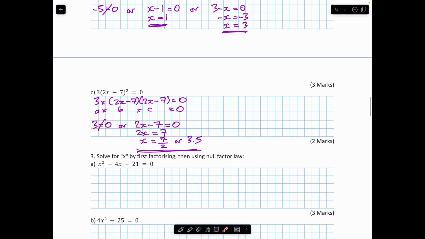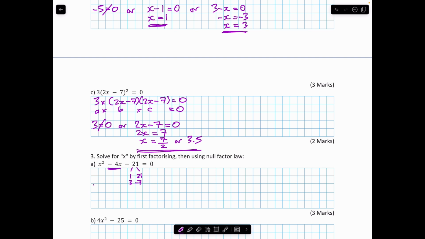Solve for x by first factorizing and then using null factor law. So I'm going to show it the proper way first. Numbers that I can times together to get 21: 1 and 21, 3 and 7. That pair is going to get me negative 4 if I have 3 take 7.